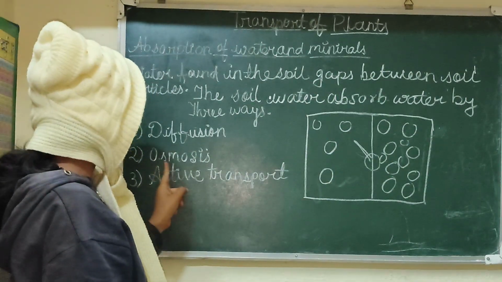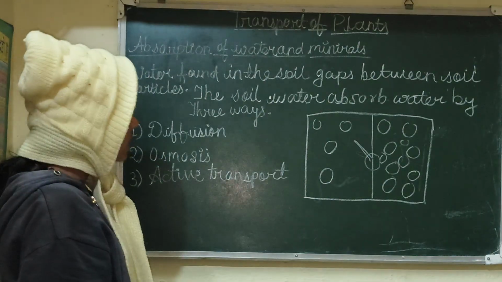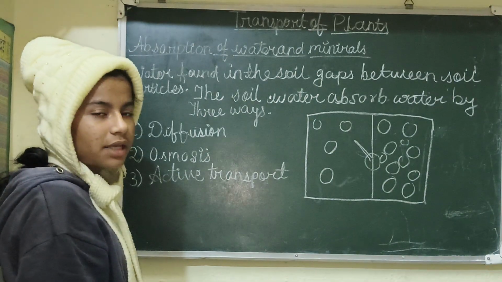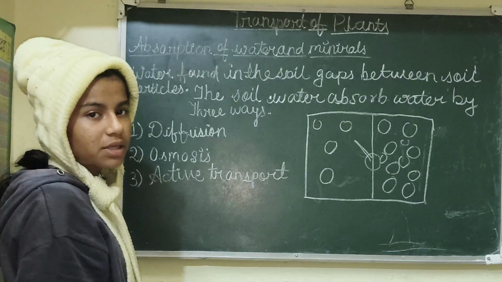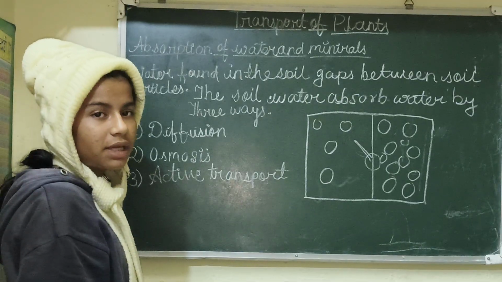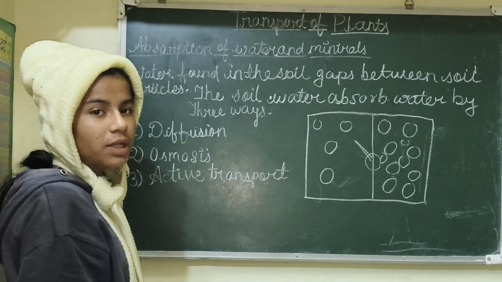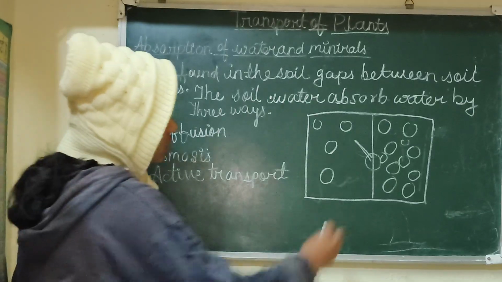Then second is osmosis. Osmosis is the same as diffusion, but some parts of the process are different. In this process, a semi-permeable membrane is there, in which particles or minerals are selectively chosen to go in the transport of plants.